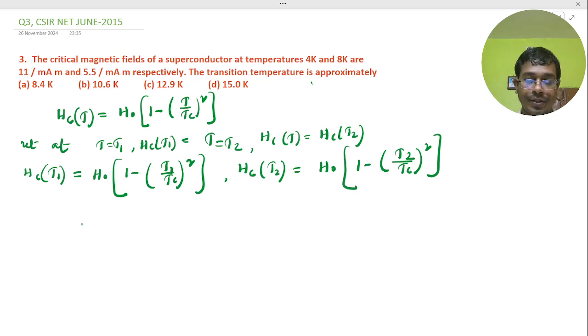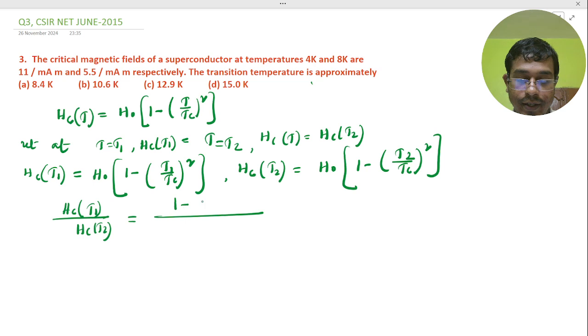We just divide here and get Hc(t1) by Hc(t2) would become 1 minus t1 by tc whole square over 1 minus t2 by tc whole square.